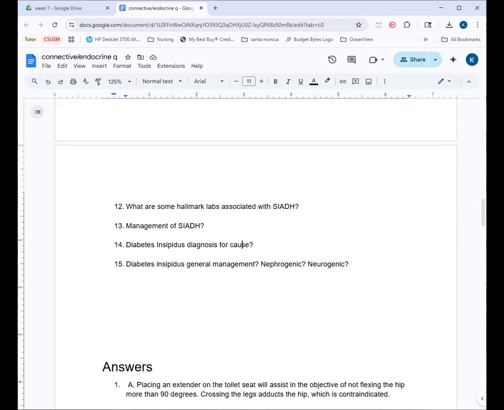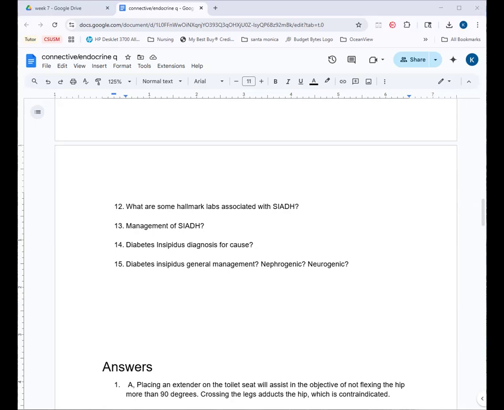Like a hot second, 8 to 12 hours. But yeah, so water deprivation test, what does that consist of though? I mean, other than taking water away from the patient.